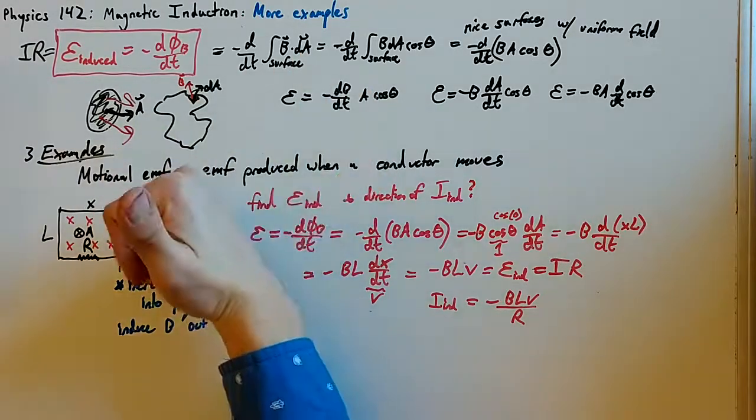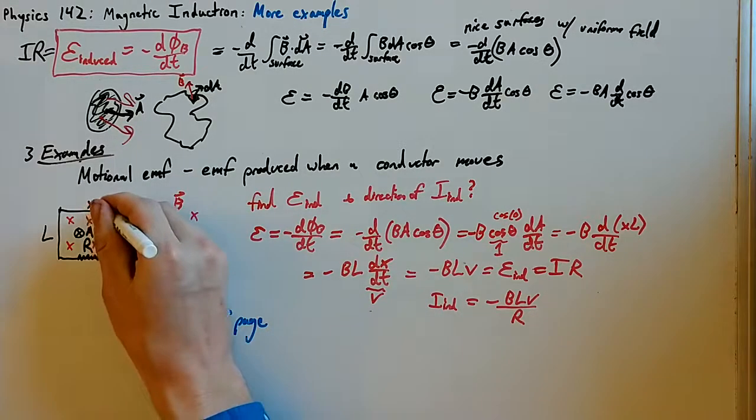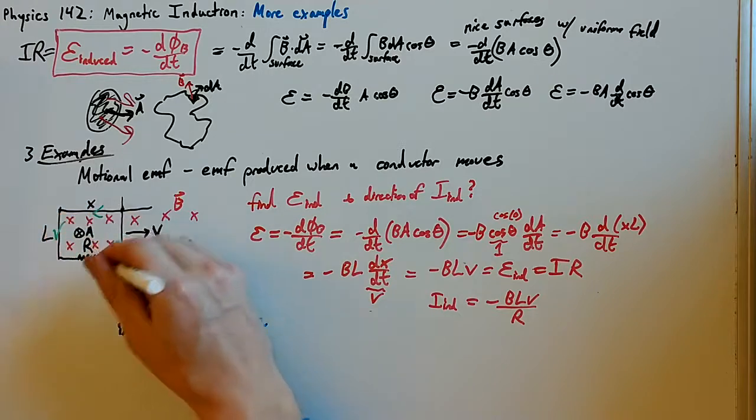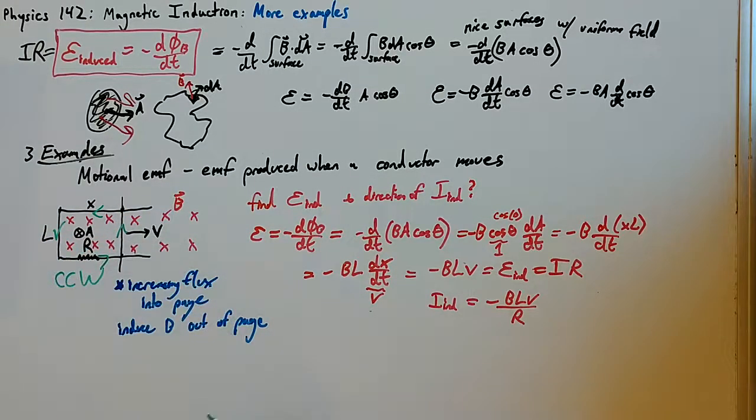So a current going counterclockwise would make a field that is out of the page. So mark that on here: an induced current that is counterclockwise will make an induced magnetic field out of the page.